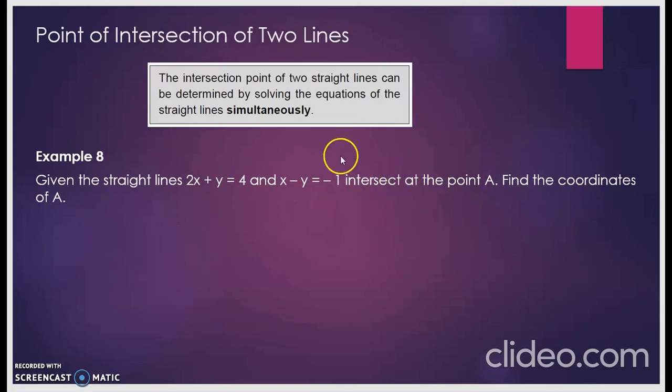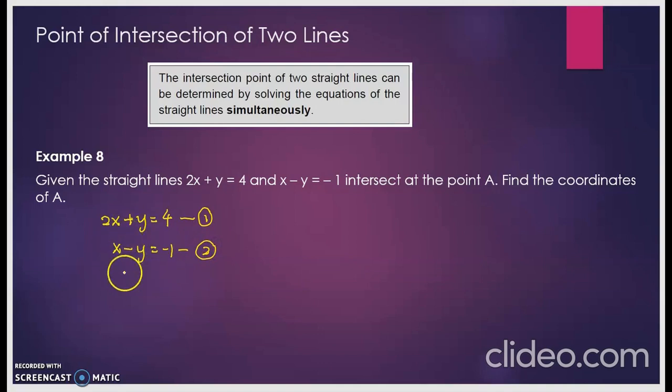So if the intersection, we can solve it simultaneously. Let's say 2x plus y is equals to 4, equation 1. x minus y is equals to negative 1, equation 2.